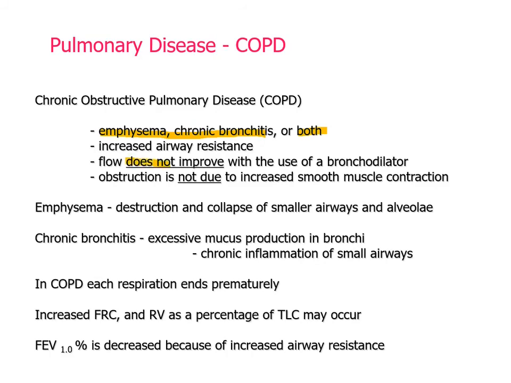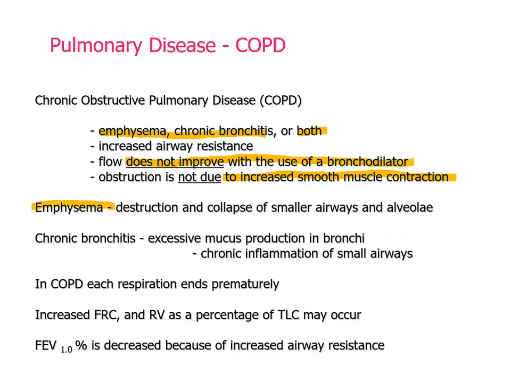Flow does not improve with the use of a bronchodilator as it does in asthma. In asthma it does, but in these COPD, chronic obstructive pulmonary diseases, it does not. And it is not due to an increase in smooth muscle contraction, which is why it doesn't respond to bronchodilators.